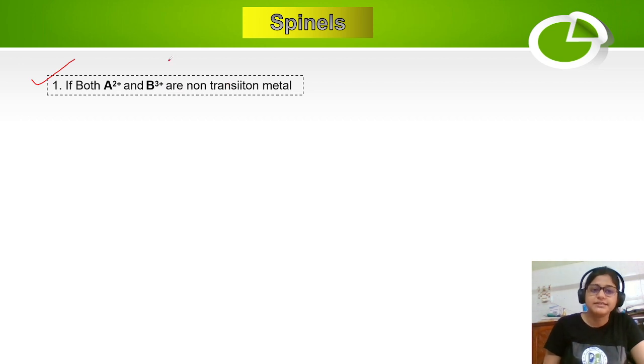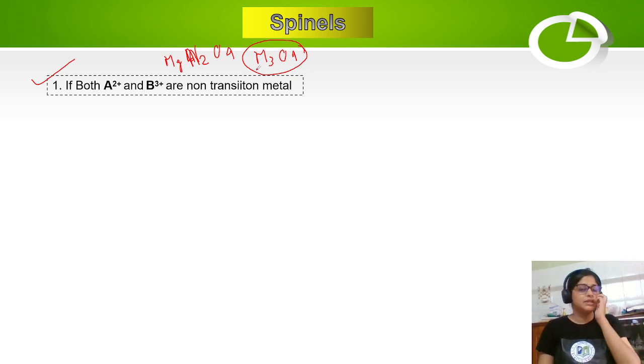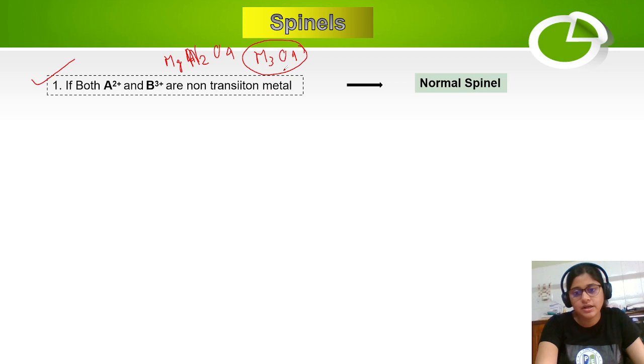For example, you can have MgAl2O4, a metal M3O4-like structure, right? Spinel. So MgAl2O4. You can see these kinds of examples when you practice. So if both A2+ and B3+ are non-transition metals, what will happen? Normal spinel, because it doesn't have any CFSE. Sometimes the size factor is also considered here, but generally you remember this.